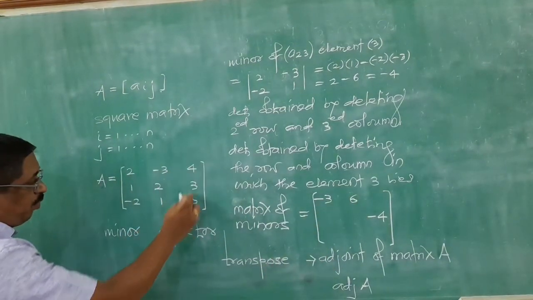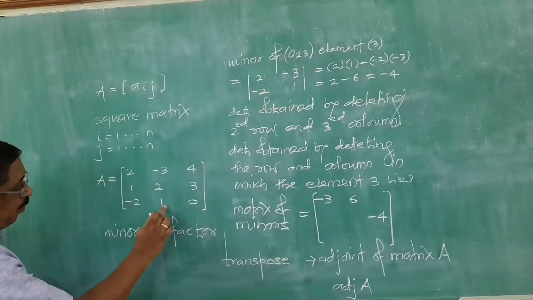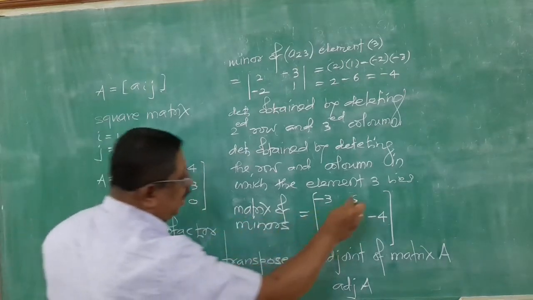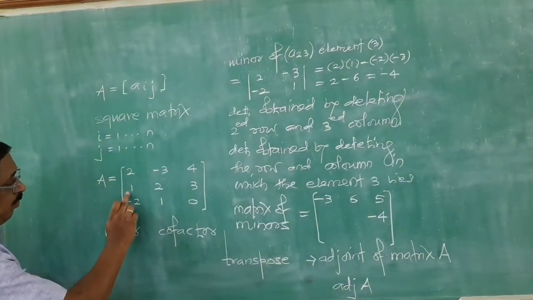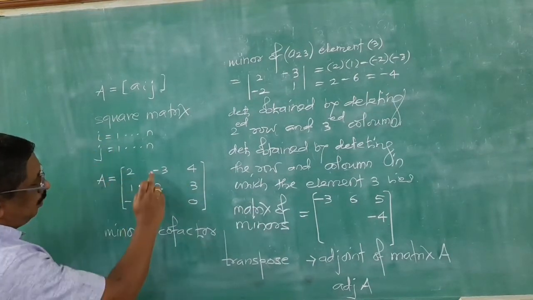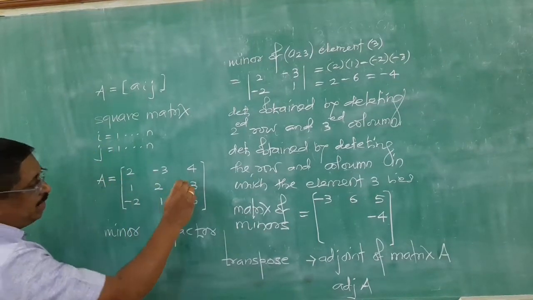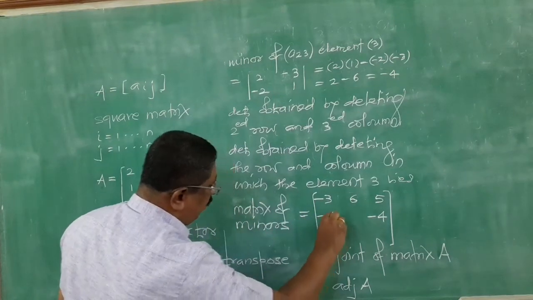For this element 4, the minor will be 1 plus 4, it is equal to 5. For this element 1, minor is 0 minus 4, that is minus 4.